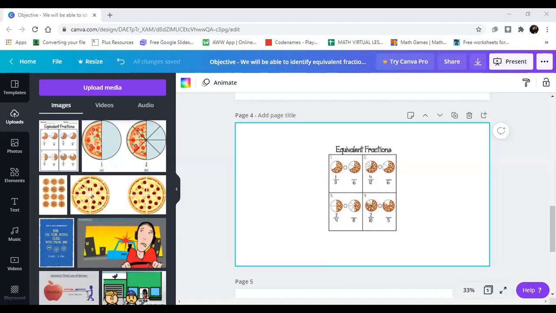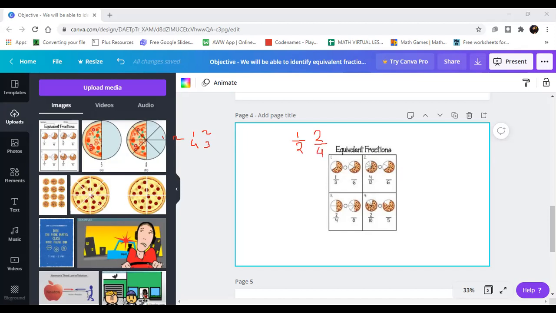For example, in the first question, it is 1 by 2. First picture, 1, 2. 2 parts total and 1 part colored. So it is 1 by 2. Then here 1, 2, 3, 4. 2 parts colored and total 4 parts, 2 by 4.